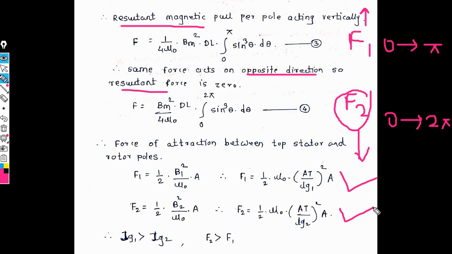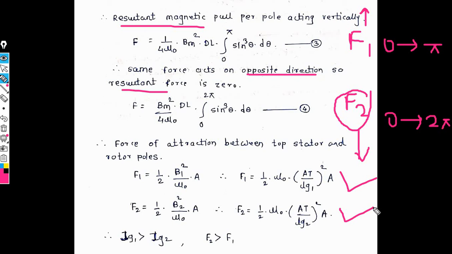Now in unbalanced magnetic pull condition, first we need the magnetic pull condition and the unbalanced magnetic pull condition. Then also we need the concept of DC machine and AC machine. In a DC machine we have to calculate the force of attraction F1 and F2.